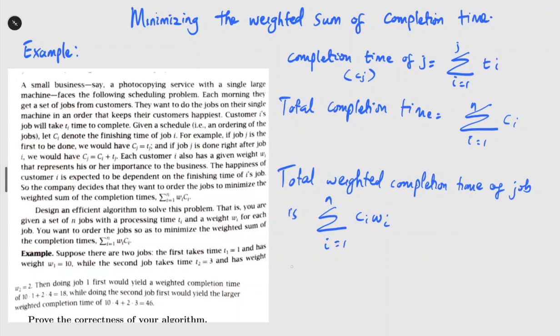We want to solve this problem in decreasing order of weights. And we also want to solve in increasing order of time. That means the one with the least time comes first.